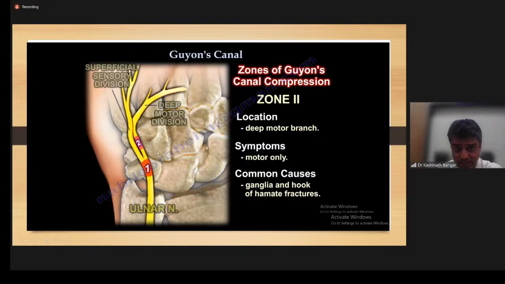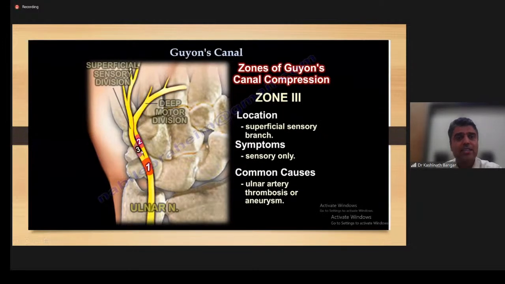Even if it is distal, how do we differentiate? Zone 1 is just before the bifurcation, zone 2 is at the motor branch, and if it is zone 3, then there will be only sensory symptoms and the motor symptoms will not be there, while the cause could be ulnar artery thrombosis or aneurysm.